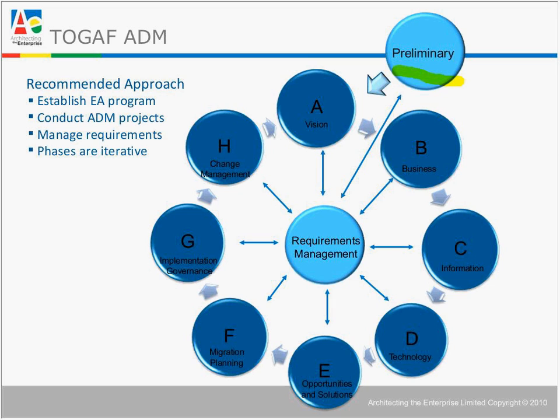We're conducting projects throughout this whole ADM cycle. And we manage requirements throughout. And all of this is iterative. You might get back down here and need to iterate all the way back to here. So there's a lot of iteration that's possible in the ADM.